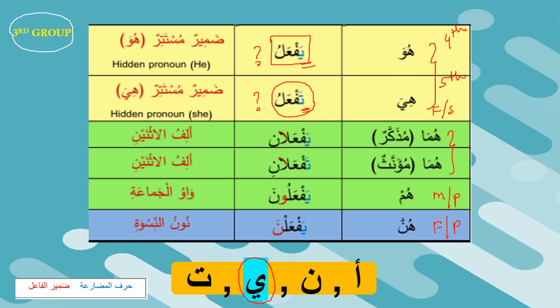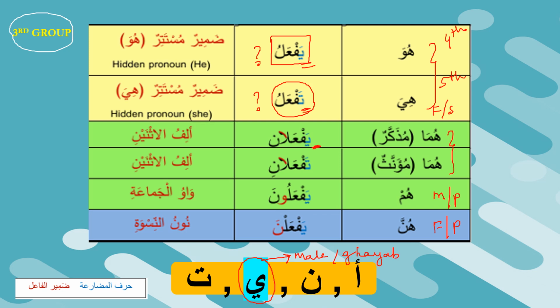And what about the huma mudhakkar? Now coming to the mudhakkar. As you know, the ya represents the ghaib, and for the mudhakkar, the ya represents the male. So the ya letter is representing two things, male and the ghaib, right? That's why the ya letter has been used here.